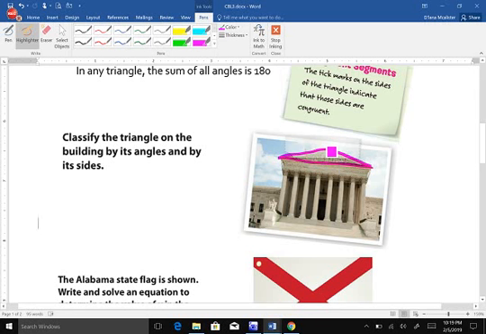If we were going to identify this triangle by its angle, it appears to have one obtuse angle, so it is an obtuse triangle, and it also appears to have two equal sides, which means it's an isosceles triangle.